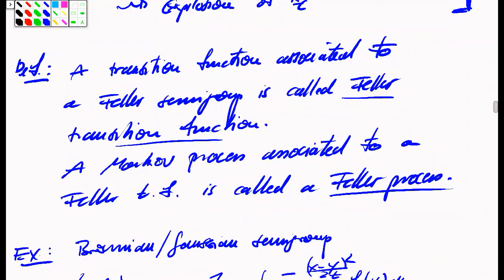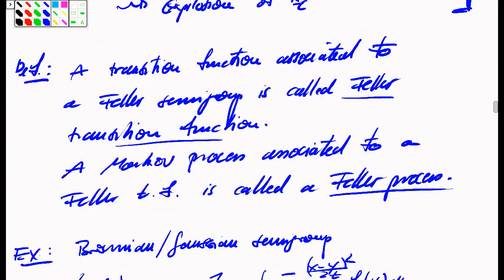So in a way, we have now completed a picture which basically says that semigroups of operators are in a one-to-one correspondence with Markov processes, modulo certain technical details related mostly to the validity of these Chapman-Kolmogorov equations in every point.